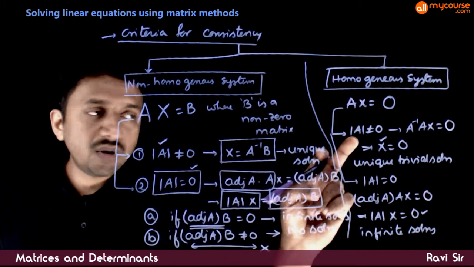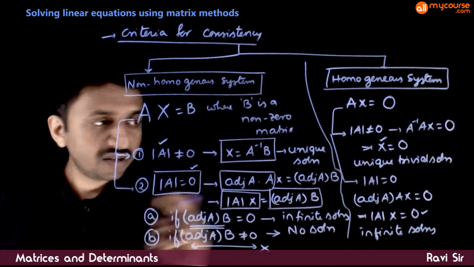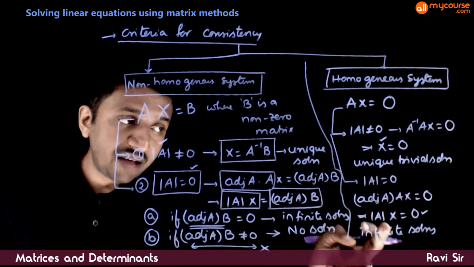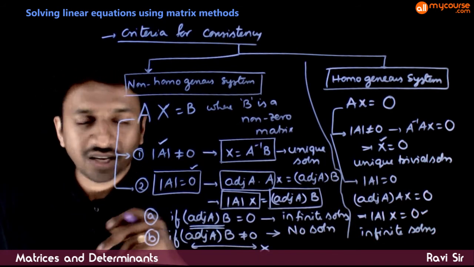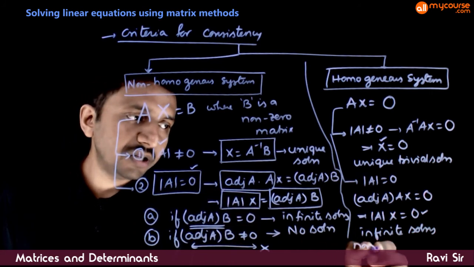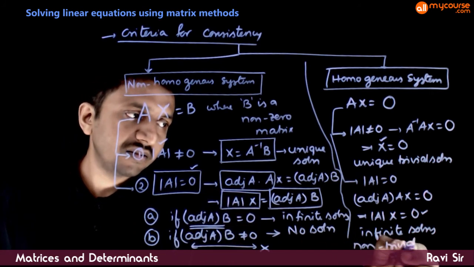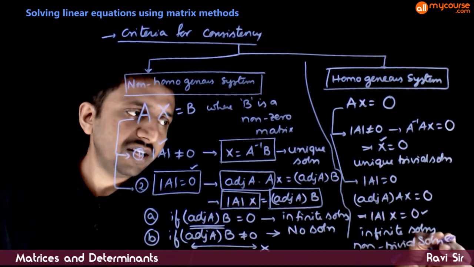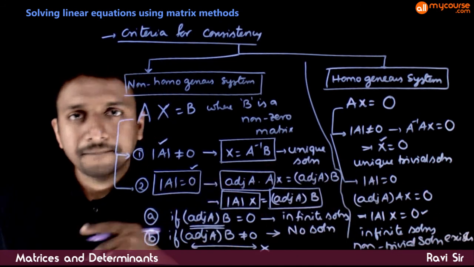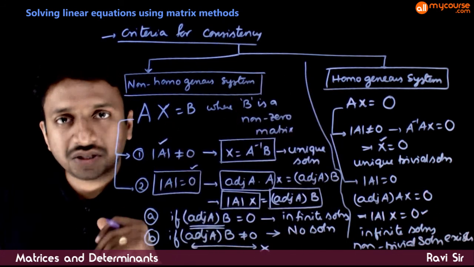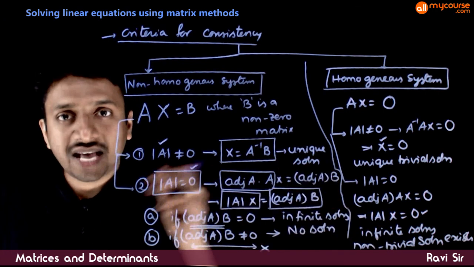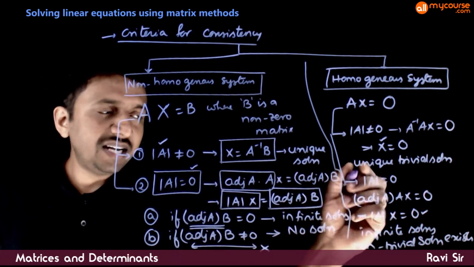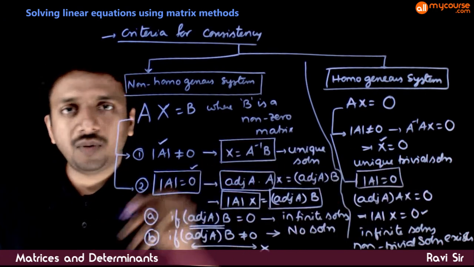If det A is not equal to 0, unique trivial solution. If det A is equal to 0, you have infinite solutions. That means a non-trivial solution exists. So for a homogeneous equation, if a non-trivial solution has to exist, then det A has to be equal to 0.